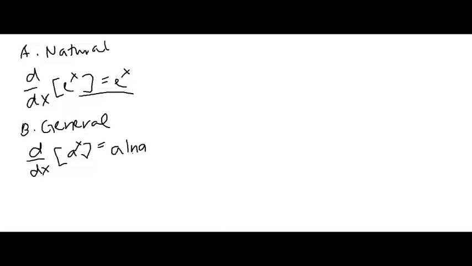So in this case, the derivative of an exponential function with a whole number as the base is the actual given multiplied by the natural logarithm, aka ln, of the base. So that is why this is the general form. So that is exponential functions.